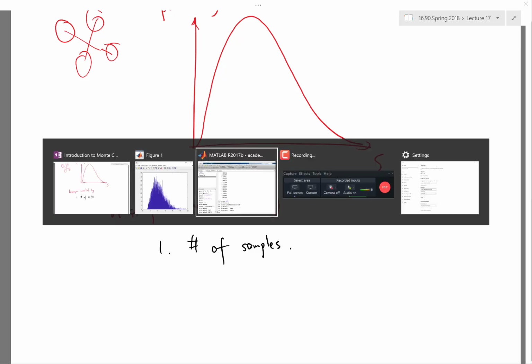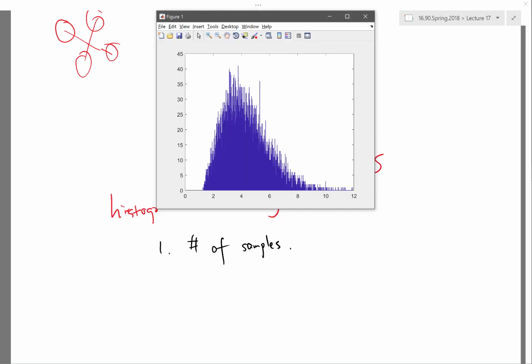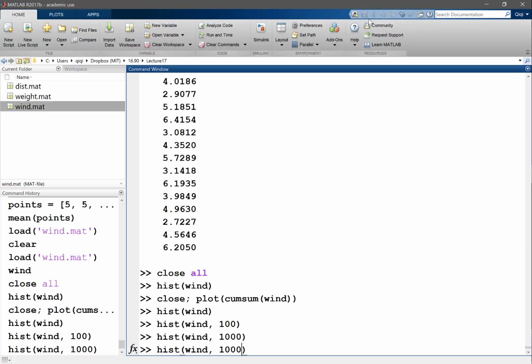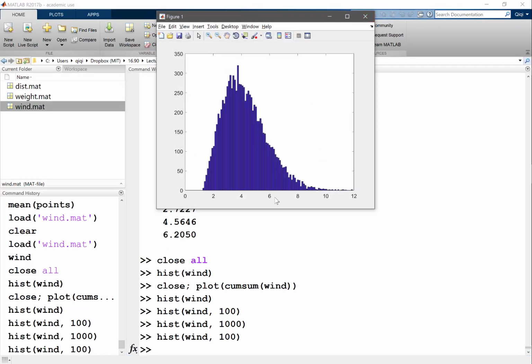Now there is another problem. Remember, after we divide it into 1,000 bins, we see the numbers are in the range of 20 to 40, and we see the discreteness of the number of samples. But back when we had 100, the numbers are actually so high that we didn't really see the discreteness.